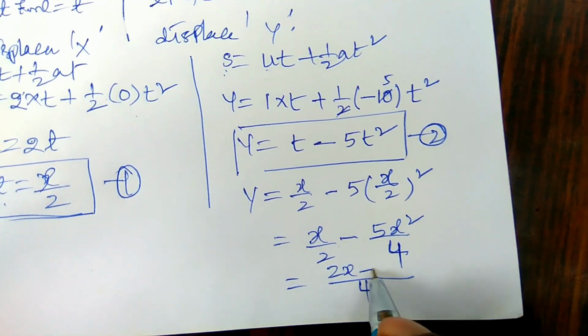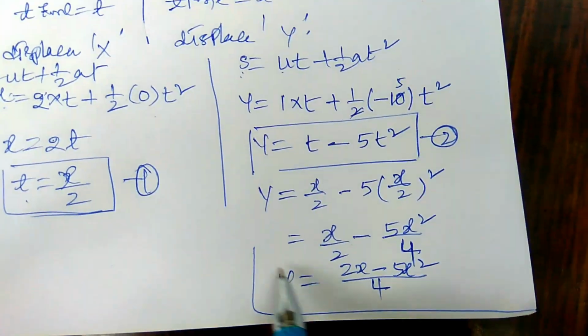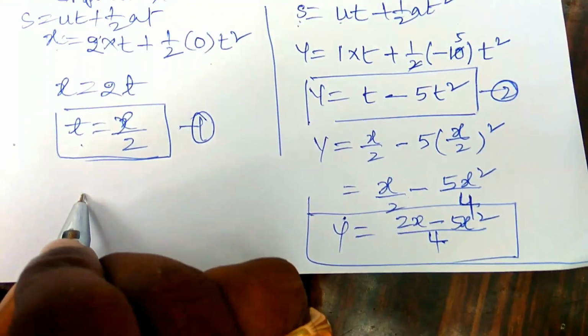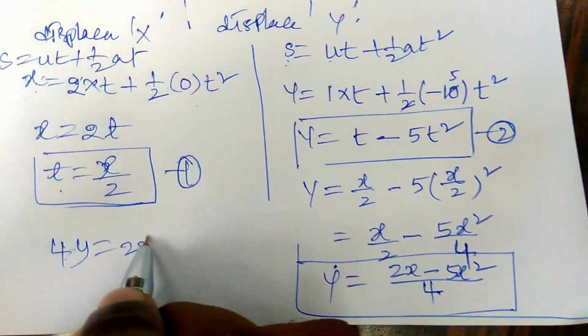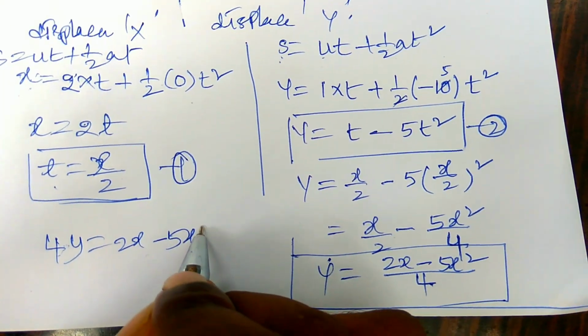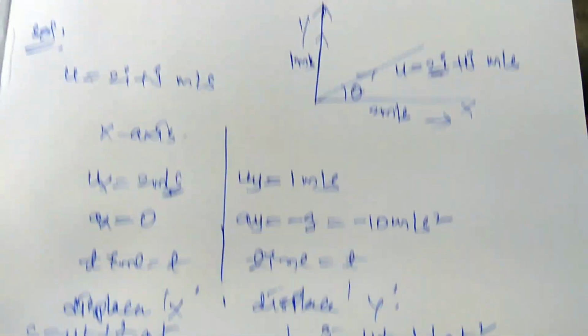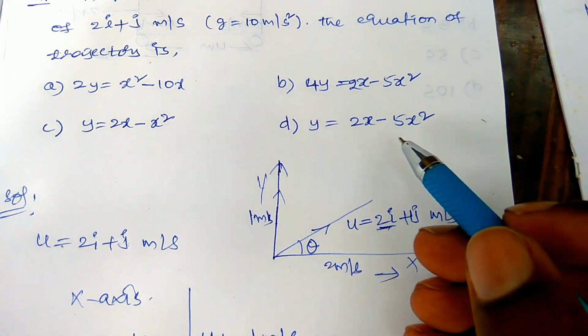It is 2x minus 5x square, and this is y. Therefore, taking 4 to this side, 4y is equal to 2x minus 5x square. So this is the equation of trajectory of the projectile.